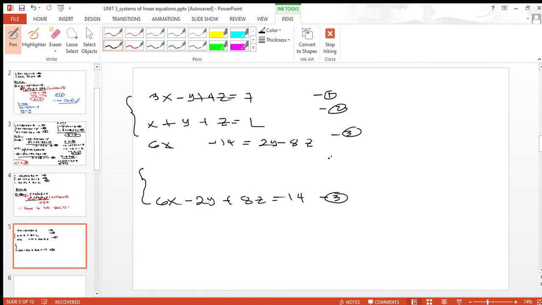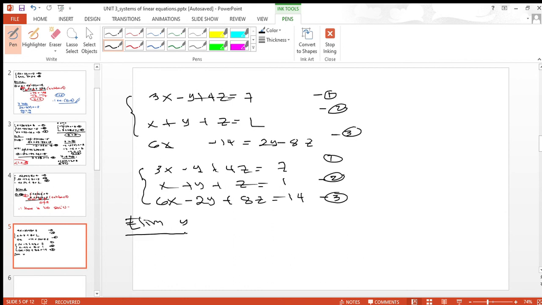And then equation 1 will be 3x minus y plus 4z equals 7. And then we have x plus y plus z equals 1 for equation 2. Now, if we will eliminate a variable, let's eliminate y. Okay, so let's eliminate y and let's use equation 1 and 3 just to drive the point here.